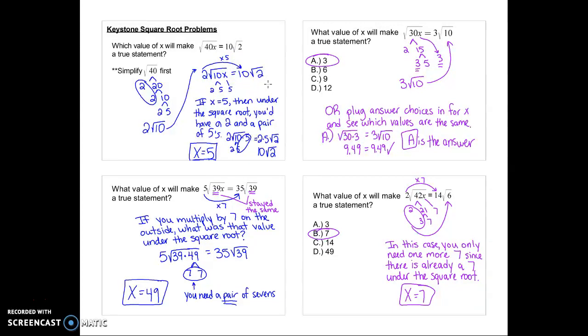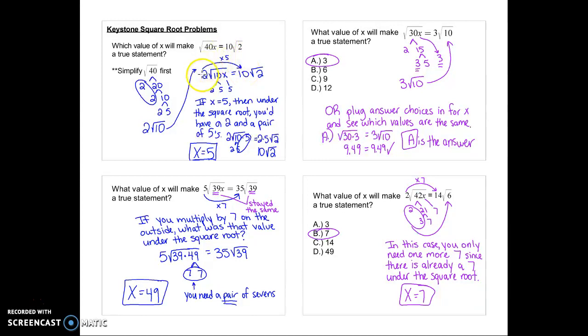So now you have to start comparing. This 10 we know breaks down into a 2 and a 5 that did not pair up. We have a 2 on the outside right now, and that needs to become a 10 on the outside. So the only way for that to happen is if this 2 got multiplied by a 5 somehow.